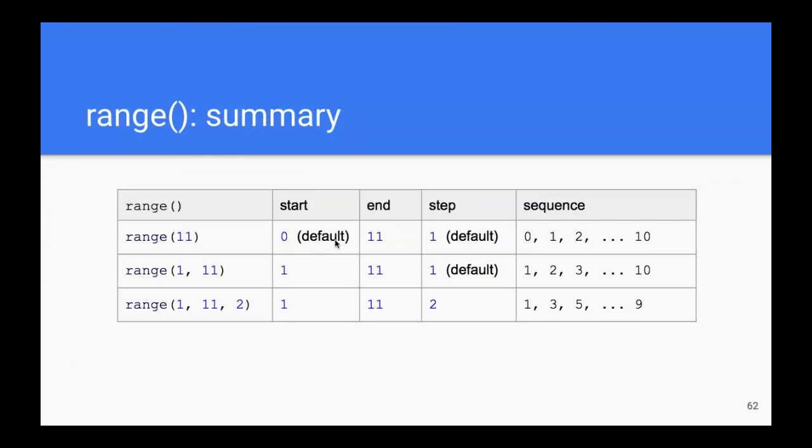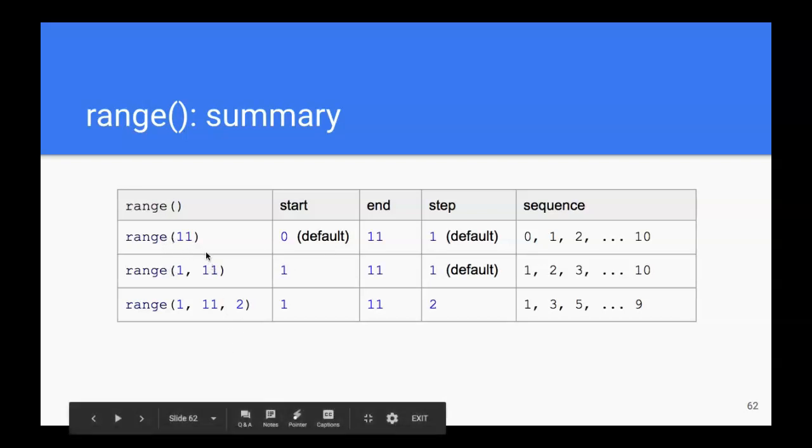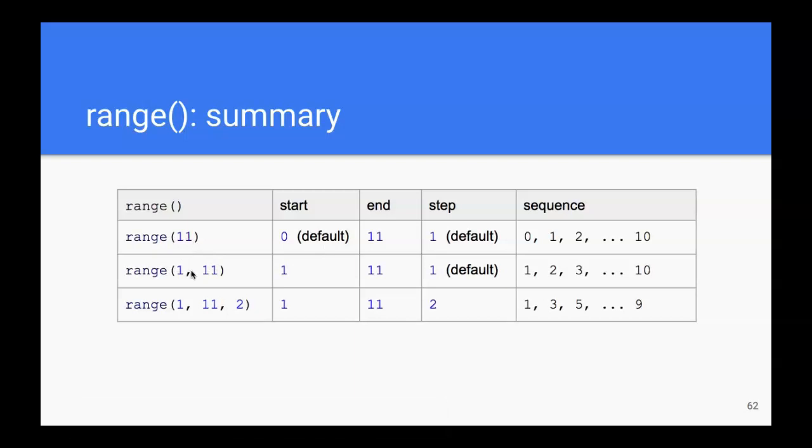So here's a summary. For range, basically we learn 3 forms of range: with 1 number, 2 numbers, and 3 numbers. In each of these cases, what is the starting number, what is the ending number, what is the step, and what is the sequence that it generates.